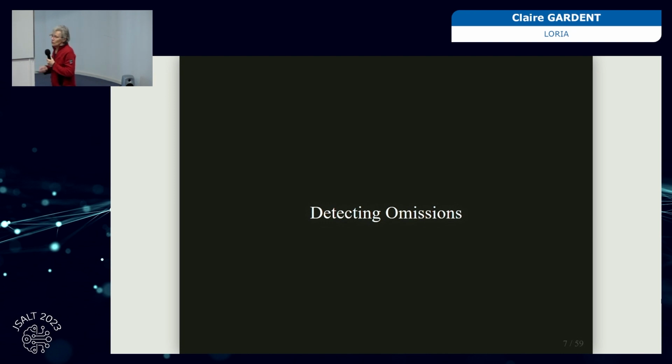So I will be talking about semantic adequacy, so how much the generated text matches the input graph.